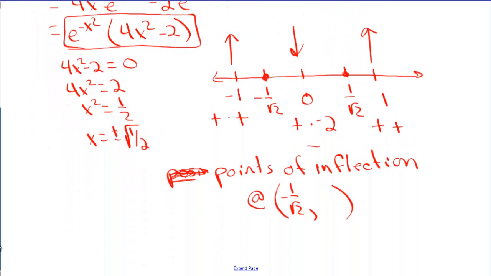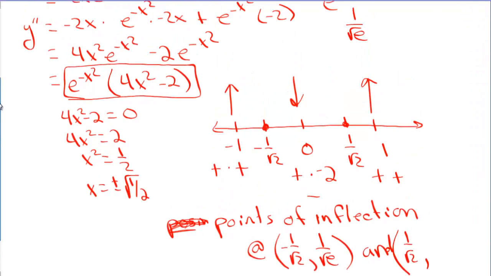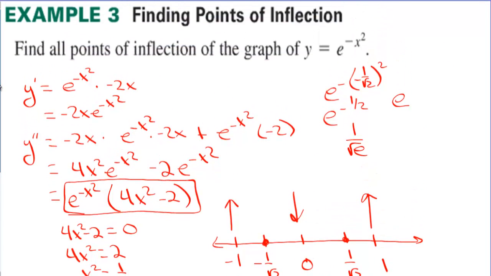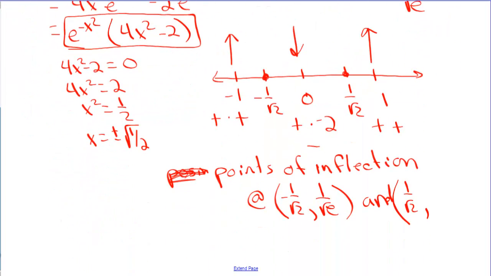So this one is 1 over square root of e, and we have another one at positive 1 over square root of 2, comma. Let's plug positive 1 over square root of 2 into the original: e to the negative 1 over square root of 2 squared, e to the negative 1/2, so 1 over square root of e.